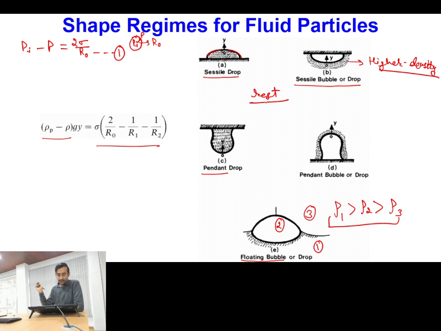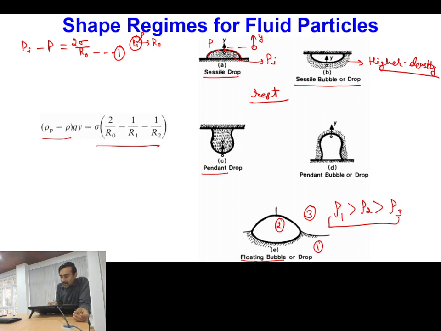In this scenario, what will happen if I fix this particular point to be my origin? With reference to this origin, say my y coordinate varies like this. The inside pressure is Pi and the outside pressure is P. Is this point clear?